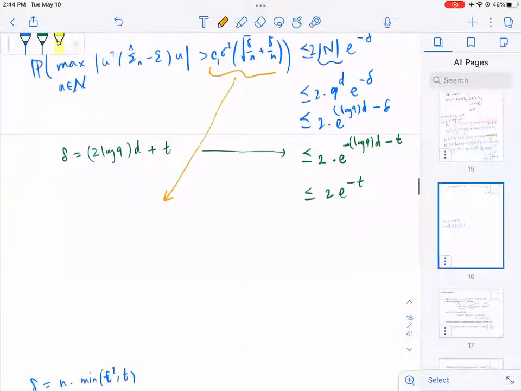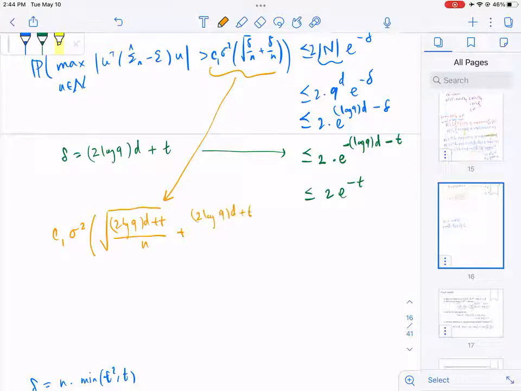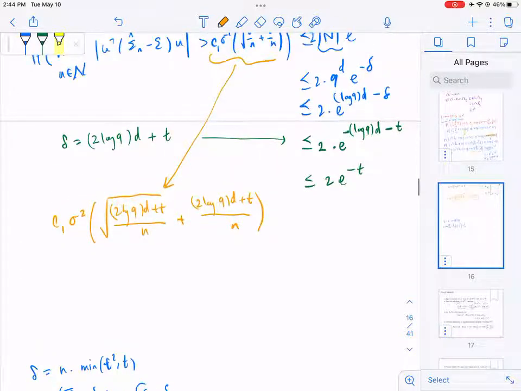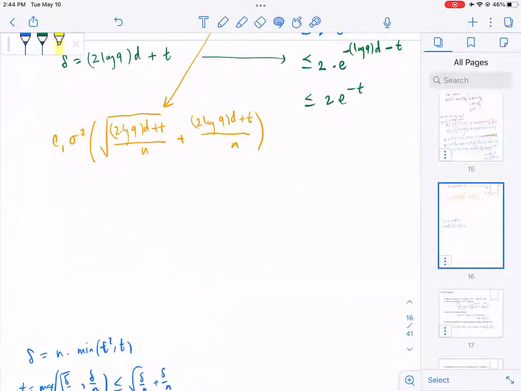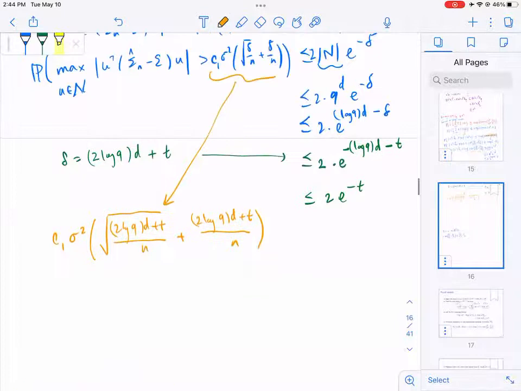With that construction, I get C1 sigma squared root of 2 log 9 e plus t divided by n, plus 2 log 9 e plus t over n, right? And then I can absorb the constants, pull them out, put them inside the C. So I'm going to write the full bound down here.